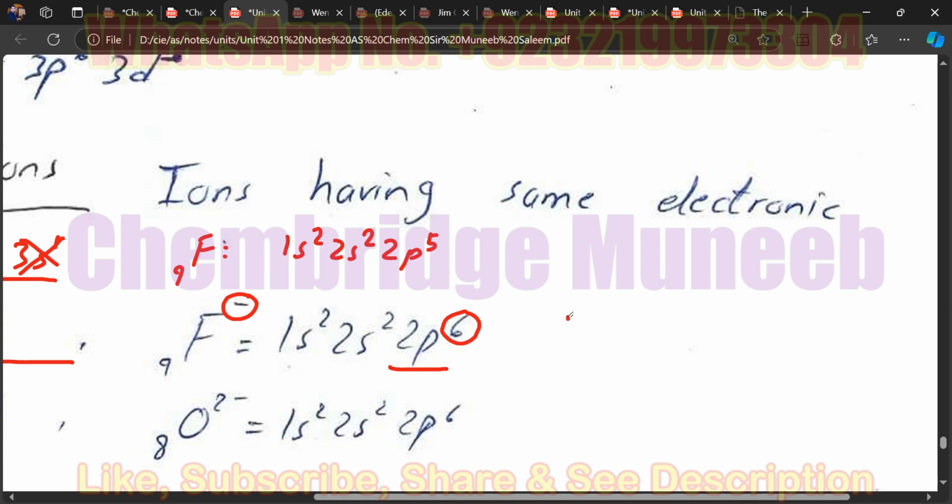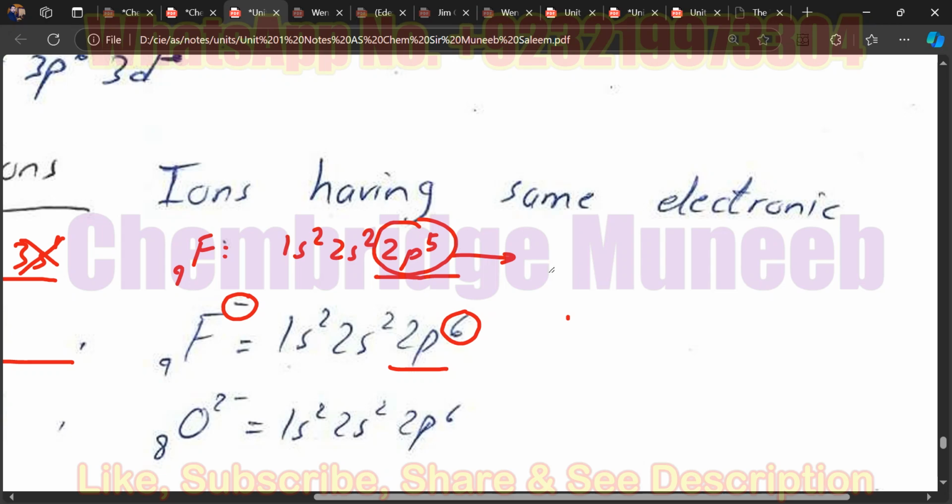And if I expand this 2p5, what should be the configuration if I want to show it in terms of orbitals? How should I write it?